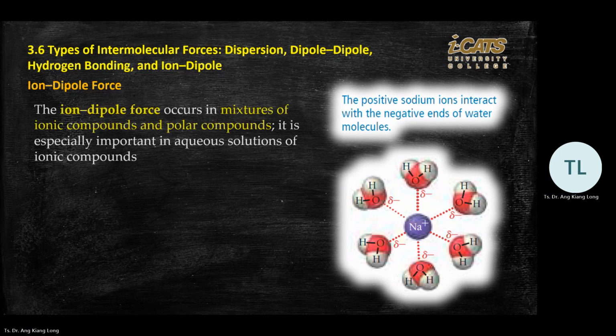So ion dipole is a mixture of ionic compound and polar compound. First step, you need to determine whether it is polar or not. If non-polar, then 100% it cannot form ion dipole forces.